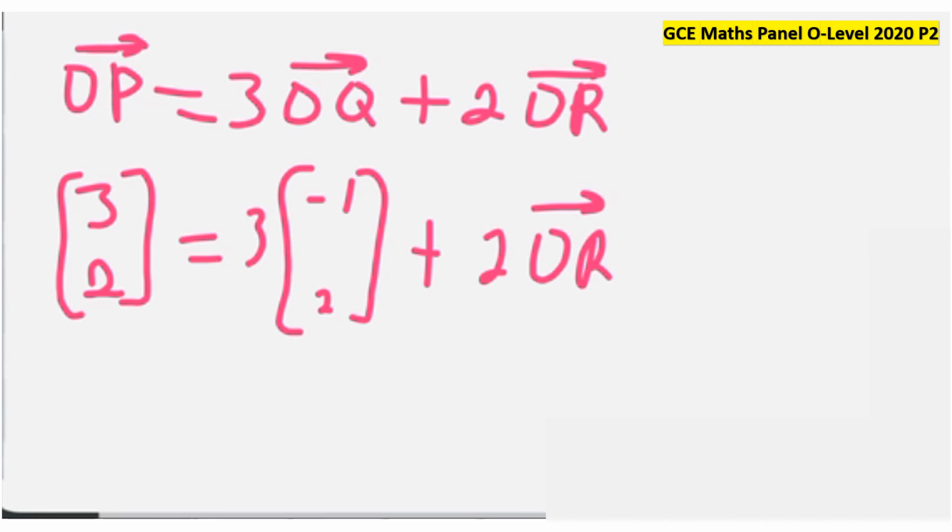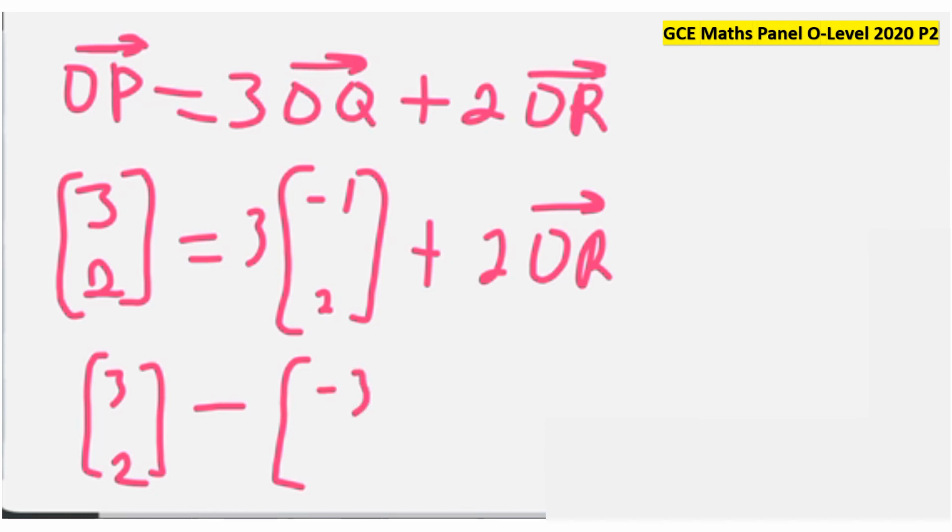So when you solve this equation, you have (3, 2) minus (-3, 6) equal to 2 OR that we are looking for.